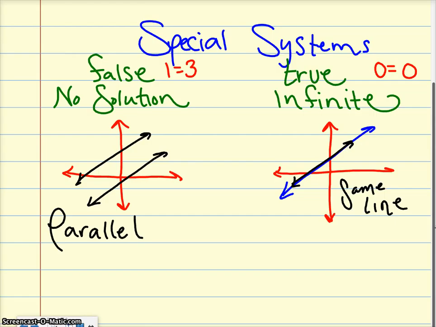So you have two special solutions. No solution meaning they're parallel, they never intersect. And an infinite solution, which means all real numbers is where they intersect, which means they're the same line. So parallel means no solution. Infinite means they're the same line. Alright? So those are the examples on that one.